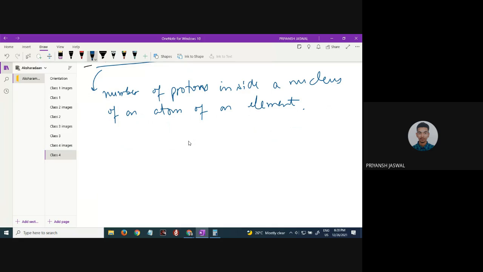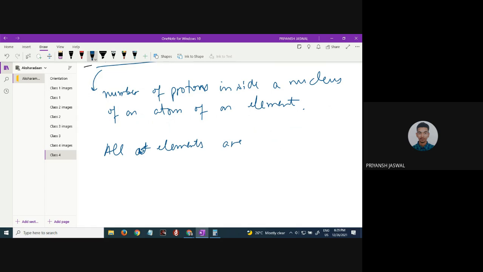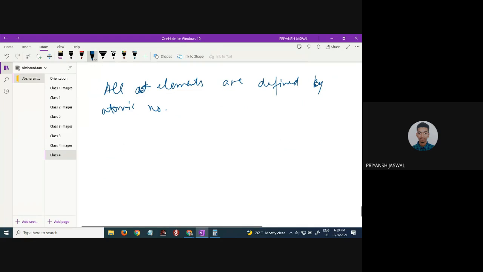And in fact, all atoms, all elements are defined by this quantity itself, that is the atomic number. Like if you are given two atoms of two different elements X and Y, how would you define them?